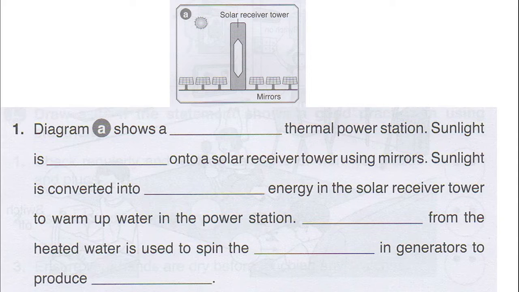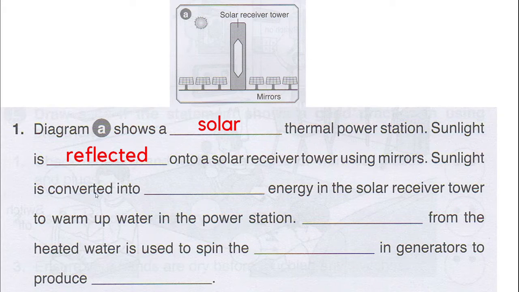Now let us answer diagram A. Let us all read together. Number 1, diagram A shows a solar thermal power station. Sunlight is reflected onto a solar receiver tower using mirrors.